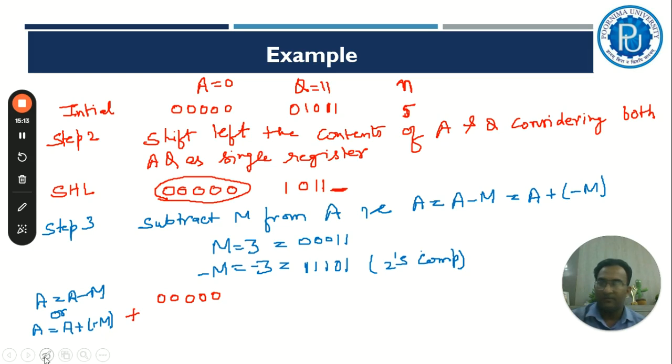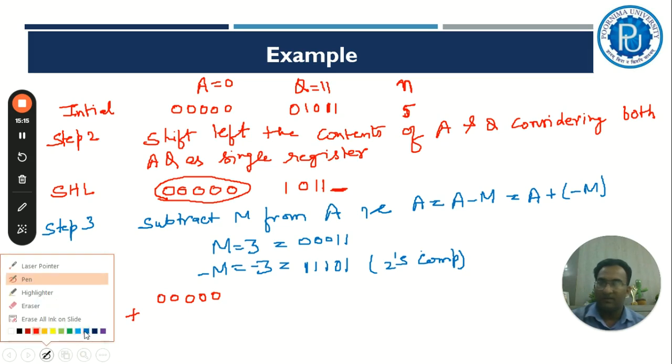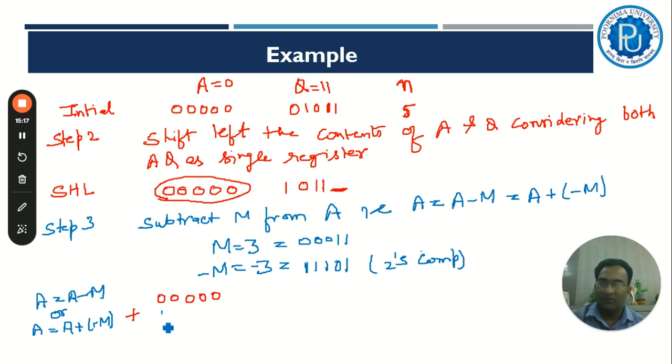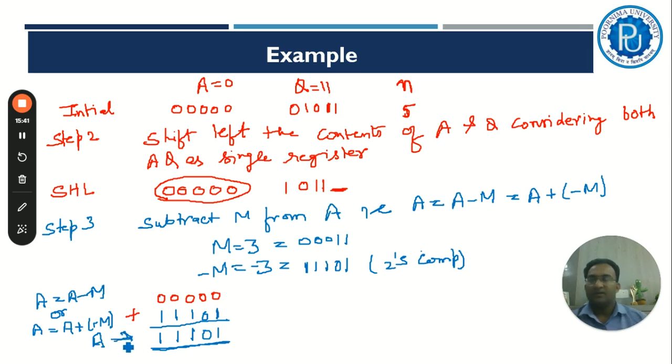So minus M is 1, 1, 1, 0, 1 there. Okay, so we are going to have 10111. Okay, this is the value of accumulator after the subtraction there.